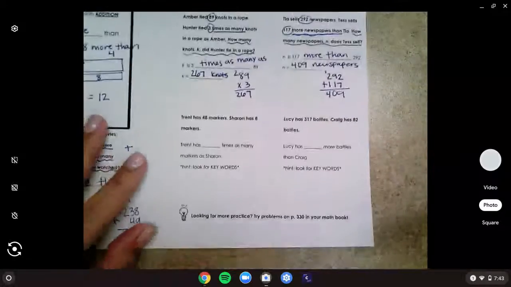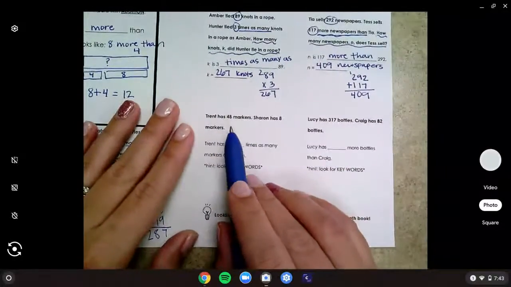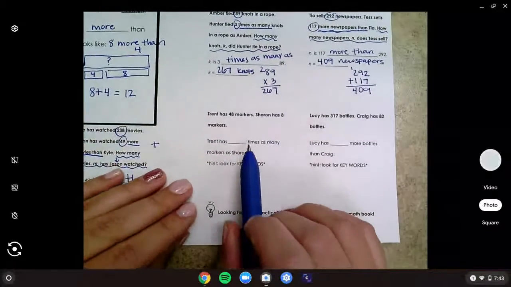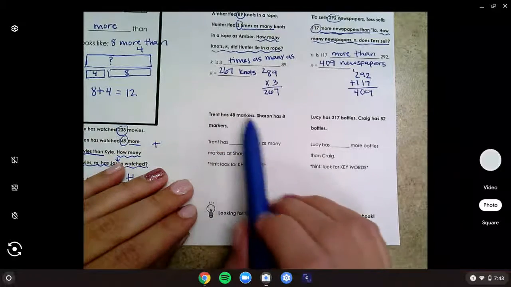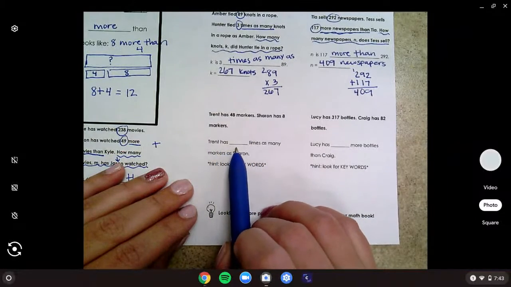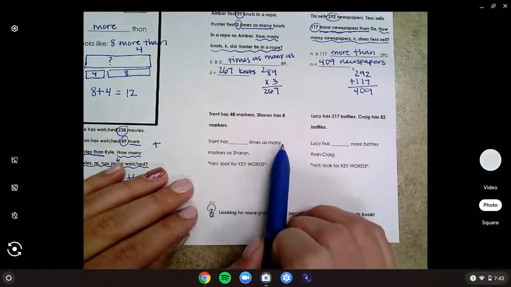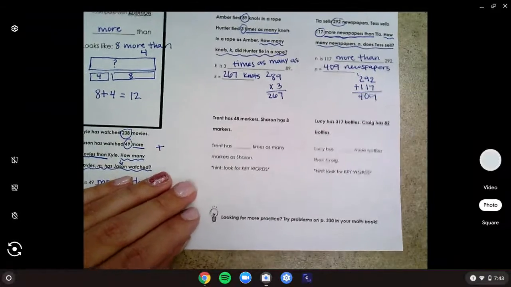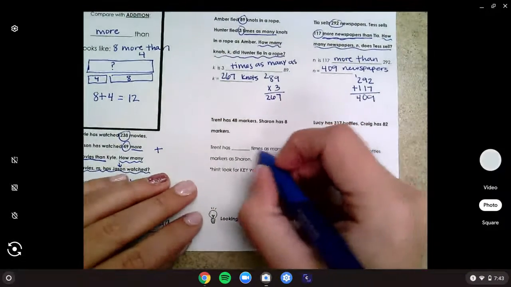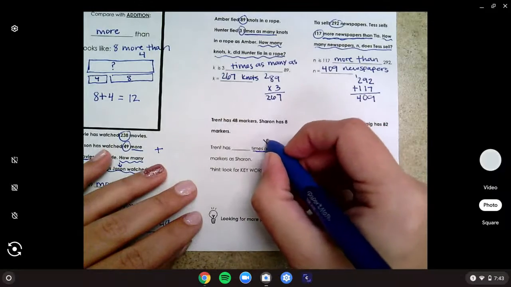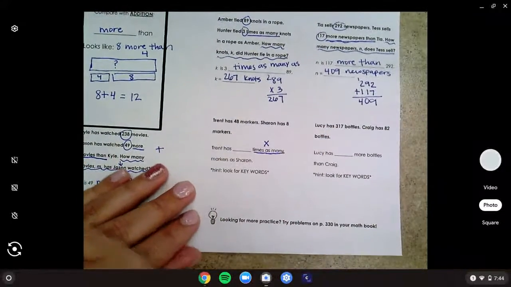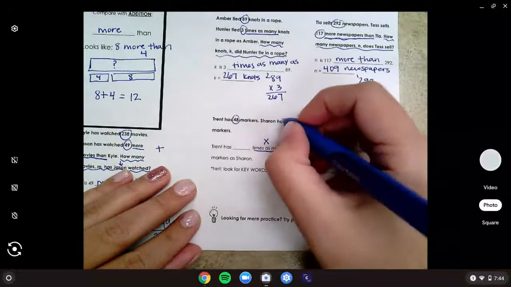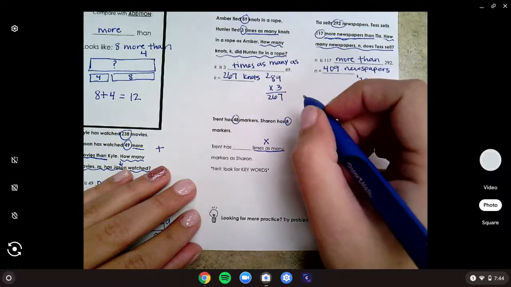All right, let's look at the next one. Trent has 48 markers. Sharon has 8 markers. So this one was a little different. You had to figure out Trent has blank times as many. So we're thinking kind of backwards on this one. The hint was to look for keywords. Times as many tells us to multiply. But we know Trent has 48 and Sharon has 8.